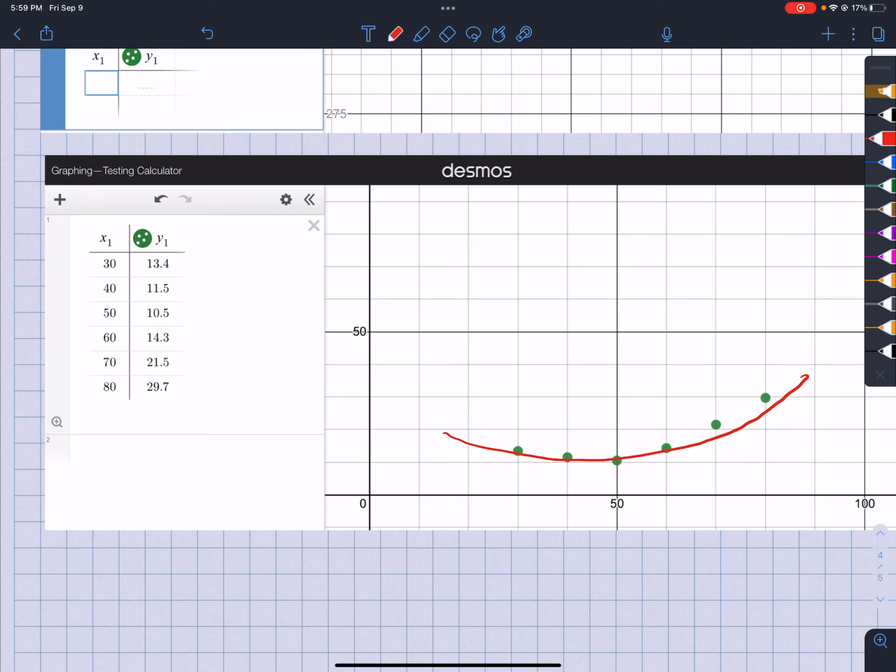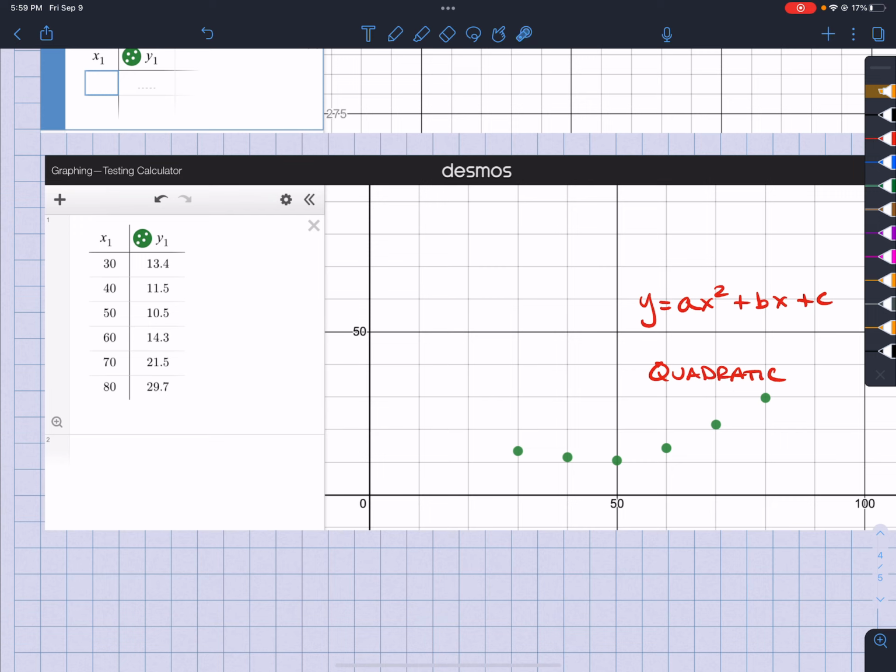So the next thing that we know that's curved would be a so-called quadratic. And with a quadratic, we know that y is equal to ax squared plus bx plus c. Now, what do we notice here?